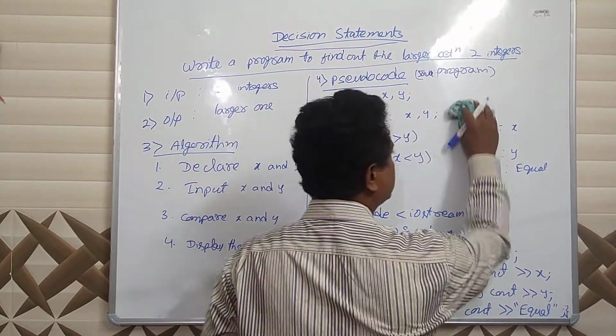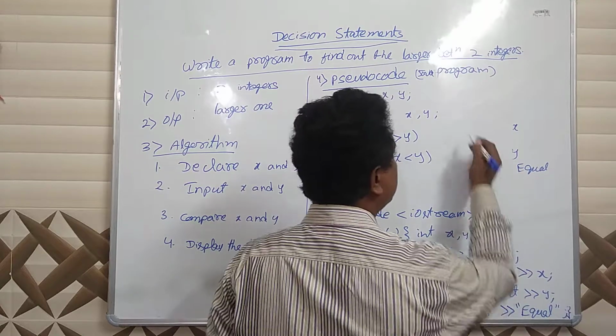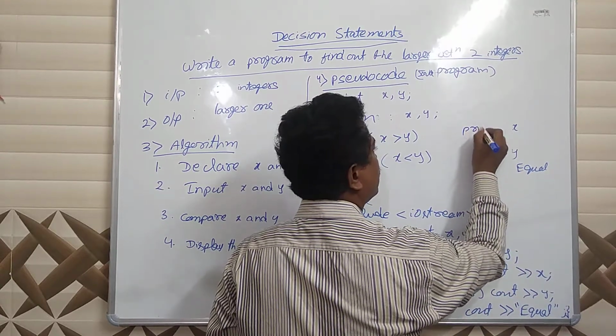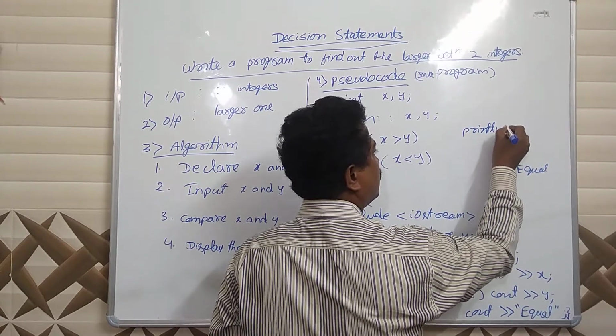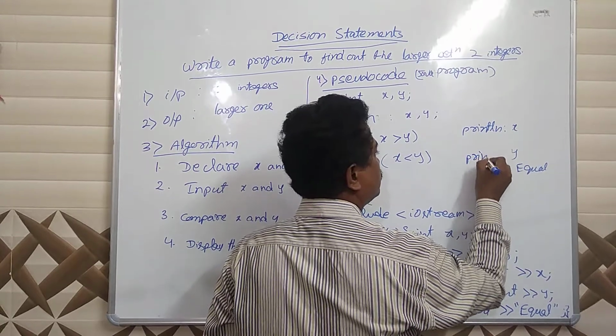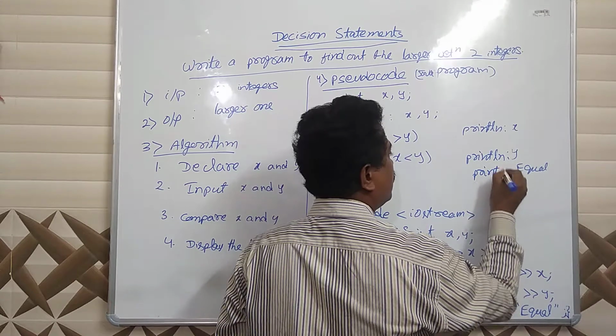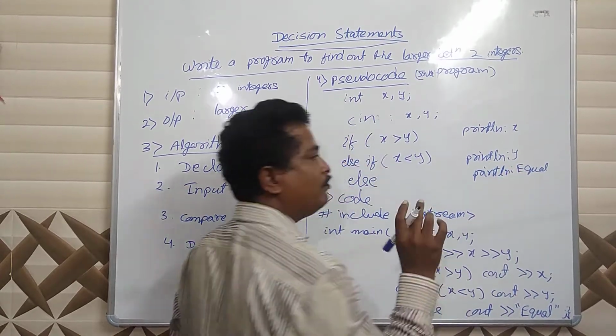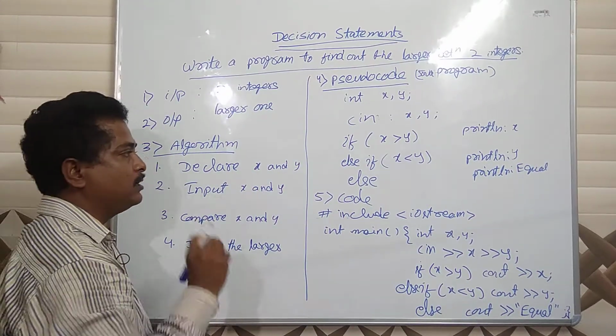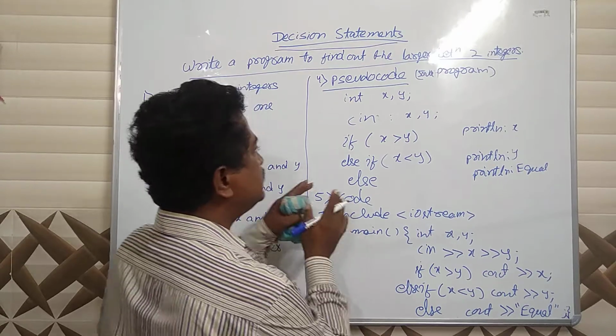Simple. In place of cout, write println. In pseudocode you can write println, or you can write SOP, System.out.println, your wish. Everything else is the same.